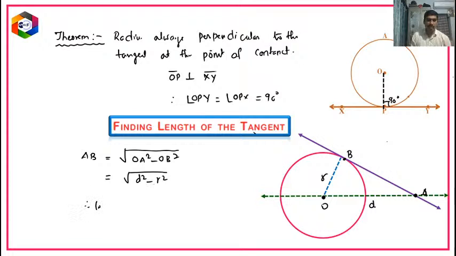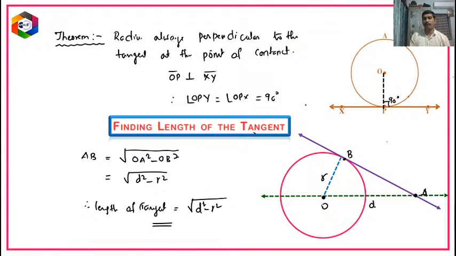So the length of the tangent formula is: length of tangent equals square root of D square minus R square. If D is the distance of the external point from the center and R is the radius of the circle, then the length of the tangent equals square root of D square minus R square.